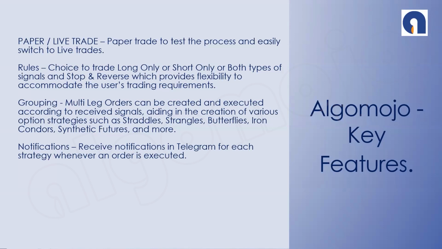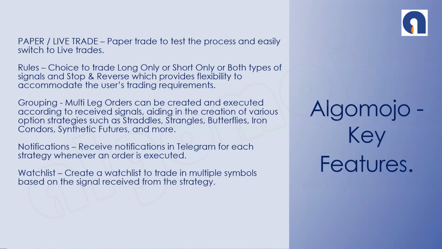Now, you can receive notifications in Telegram for every signal that gets generated and the orders that get executed as per the signals from any of the charting tools. You can create watch lists for the symbols that you want to trade or invest into, and you can keep changing them as and when you require.